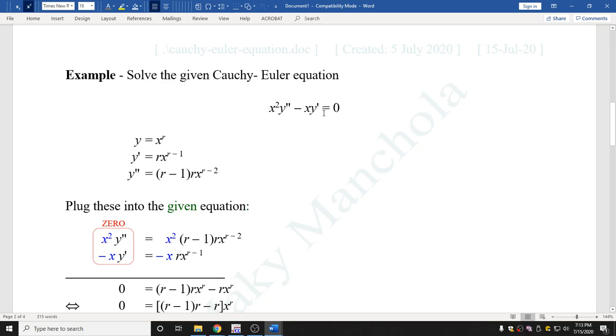Now, we're going to multiply y' by negative x. So y' times negative x is negative x times the expression for y', which in this case is r x^(r-1). So we get negative x times r times x^(r-1).